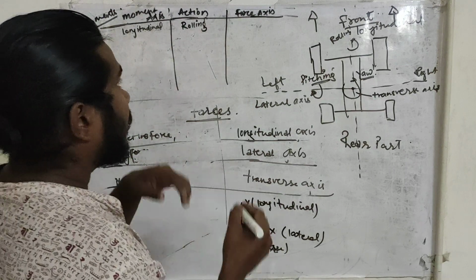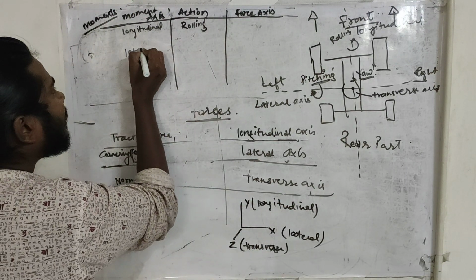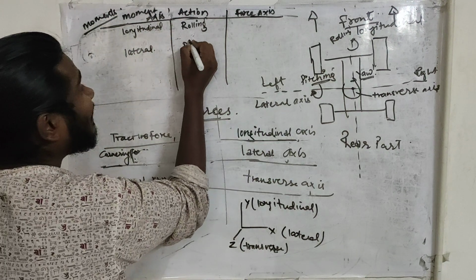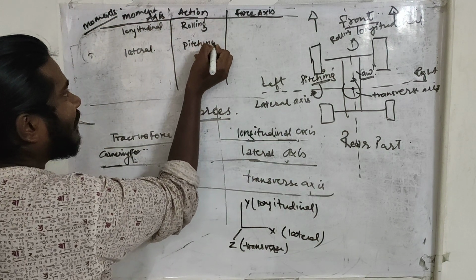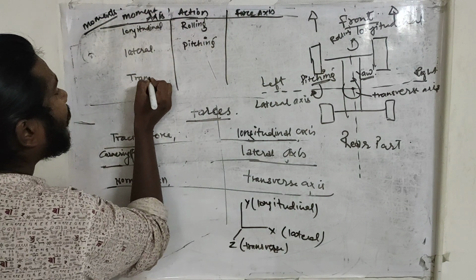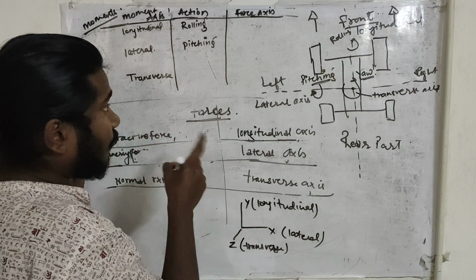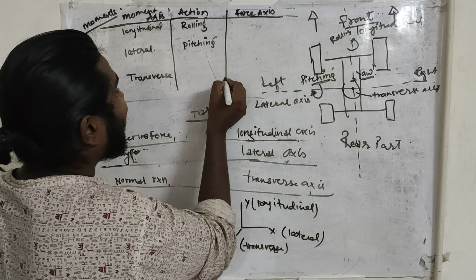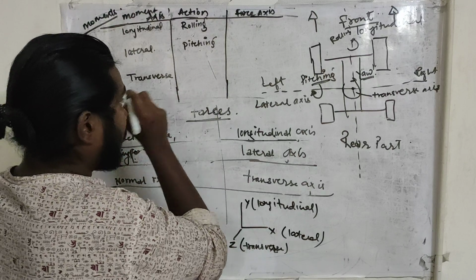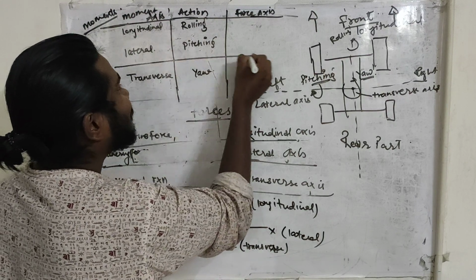Along the lateral axis, which movement is occurring? The pitching movement, during braking or acceleration. Along the transverse axis, which movement is occurring? The desirable steering input.